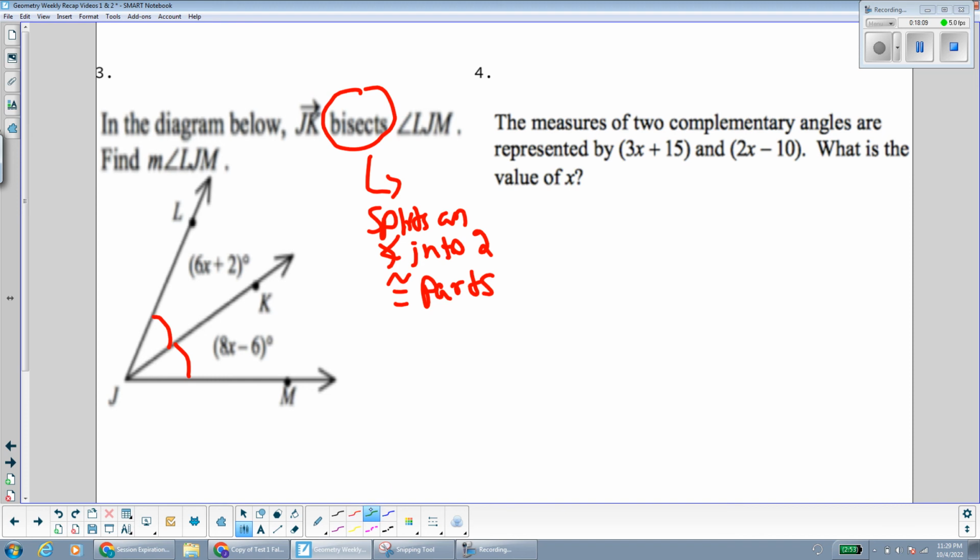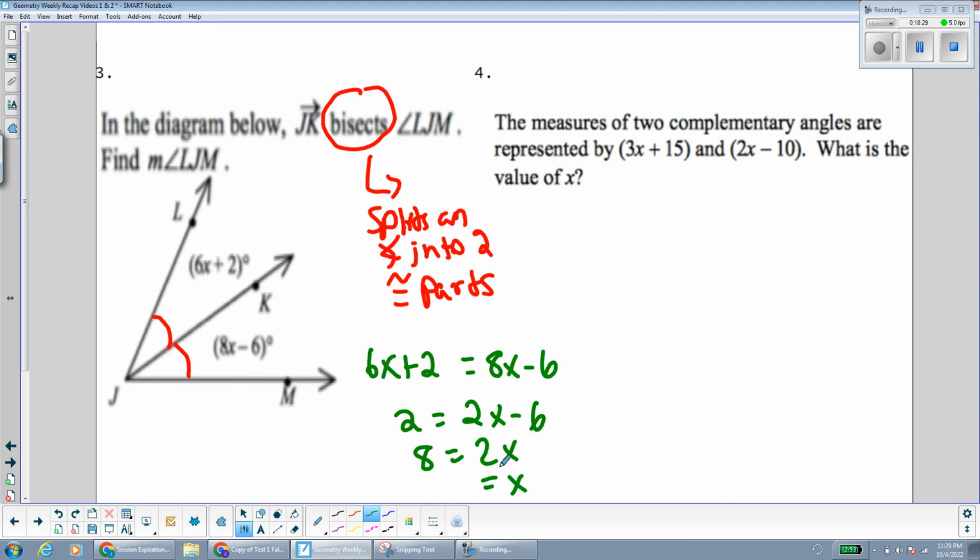So I can make an equation that says this half, the 6x plus 2 half, is equal to this half, the 8x minus 6 half. Subtracting 6x from both sides, and then adding 6 to both sides. Finally, dividing both sides by 2, we have x is equal to 4.